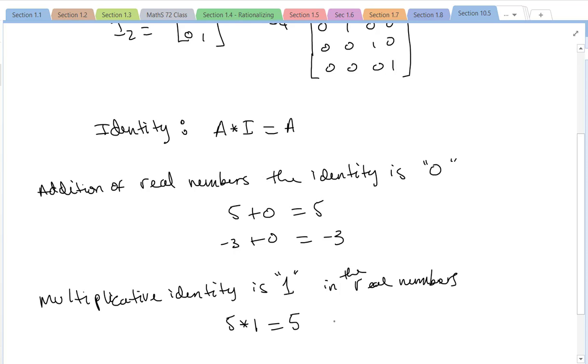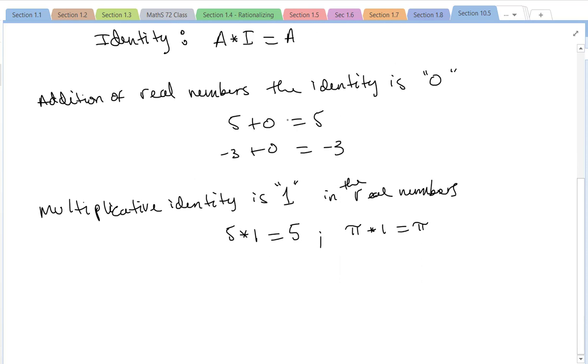So 1 is the identity. And pi, that's a real number, right? Pi times 1 will be pi. So 1 is the identity. So an identity matrix is essentially the matrix that you multiply by any matrix and get that matrix back, which then means that you have to conform to our multiplication rules for matrices.